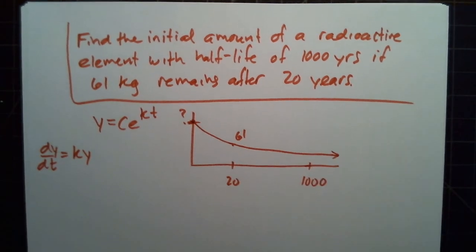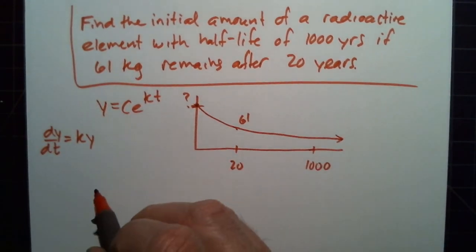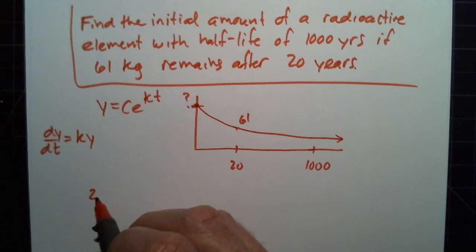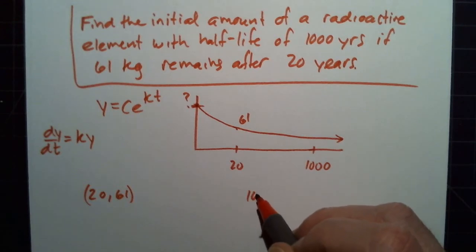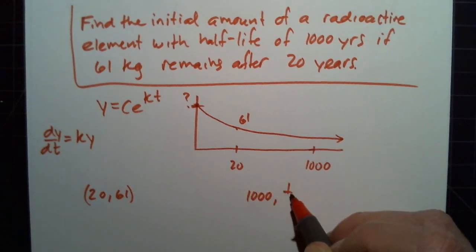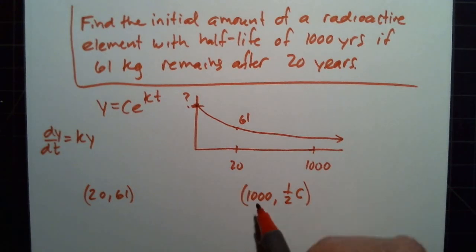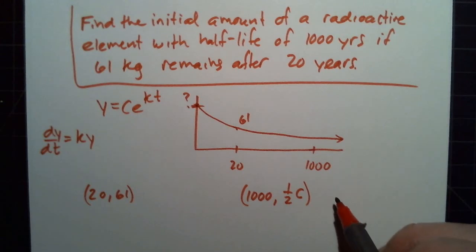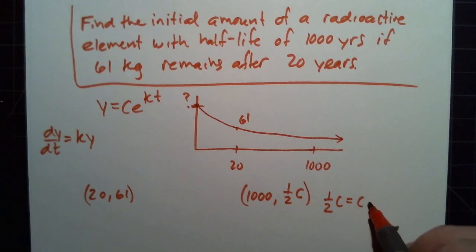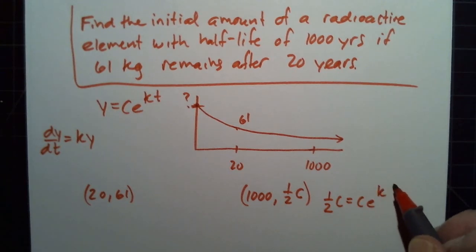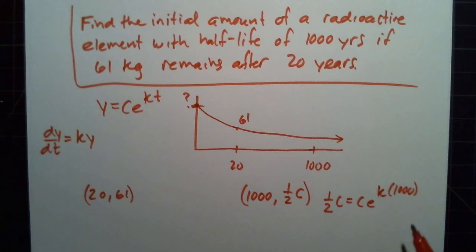And we can do this. We have the point (20, 61), and we have the point (1,000, 1/2 of C). So C is the initial amount, and so we have 1/2 C is equal to C e to the k times 1,000. kt, t is 1,000, so now we can solve that.